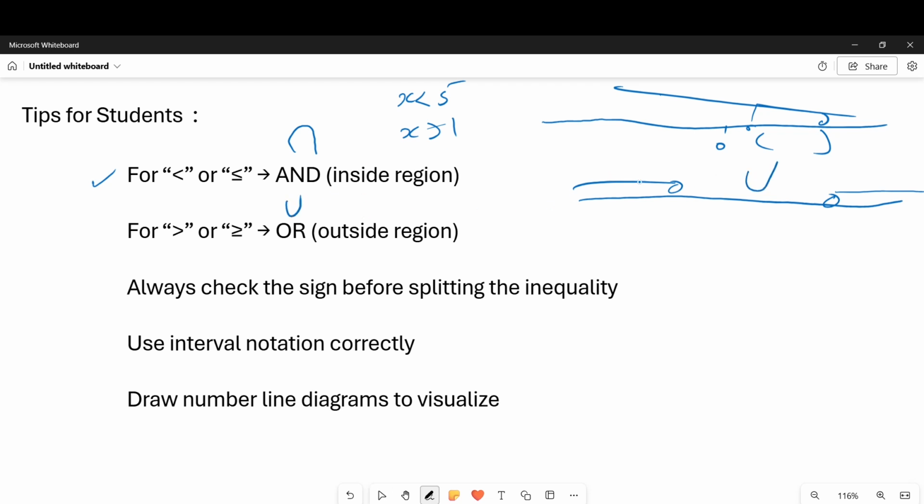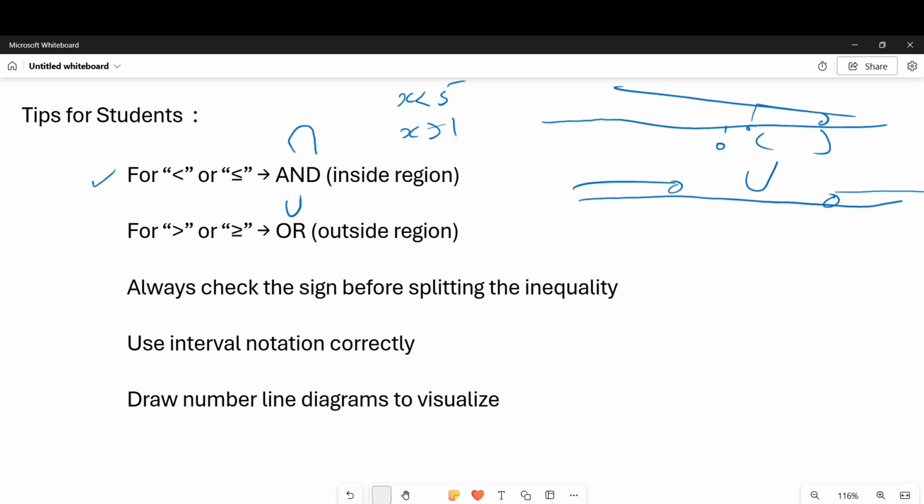These are the two cases to keep in mind. For less than or equal to, use 'and', meaning the intersection, the common overlapping area. For greater than or equal to, look for the two separate parts and combine them using a union.